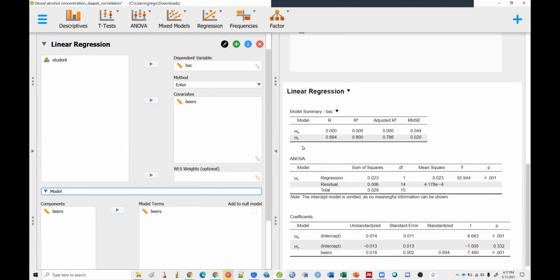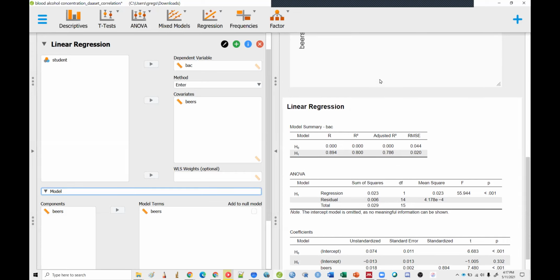But our data, which is in this case the research hypothesis, has a correlation coefficient of 0.894, which is what we saw above.